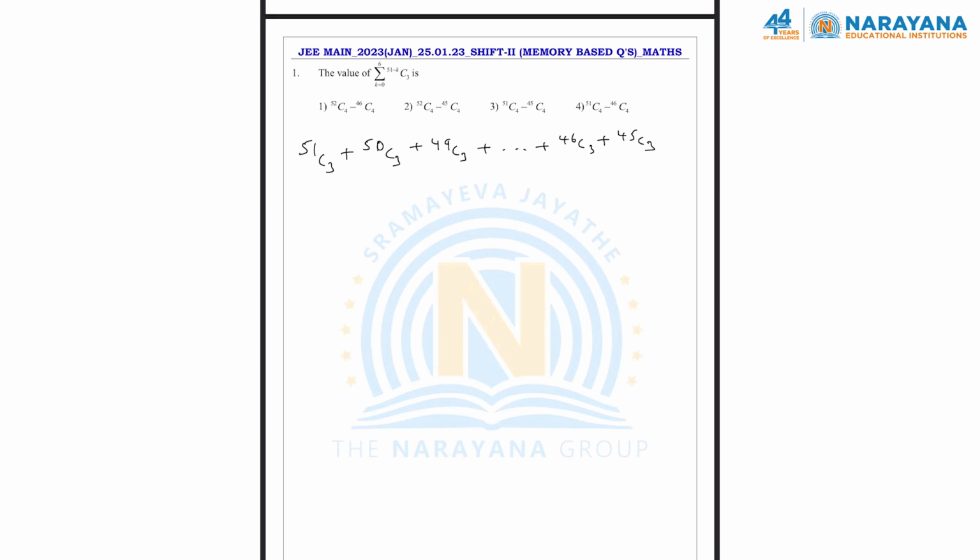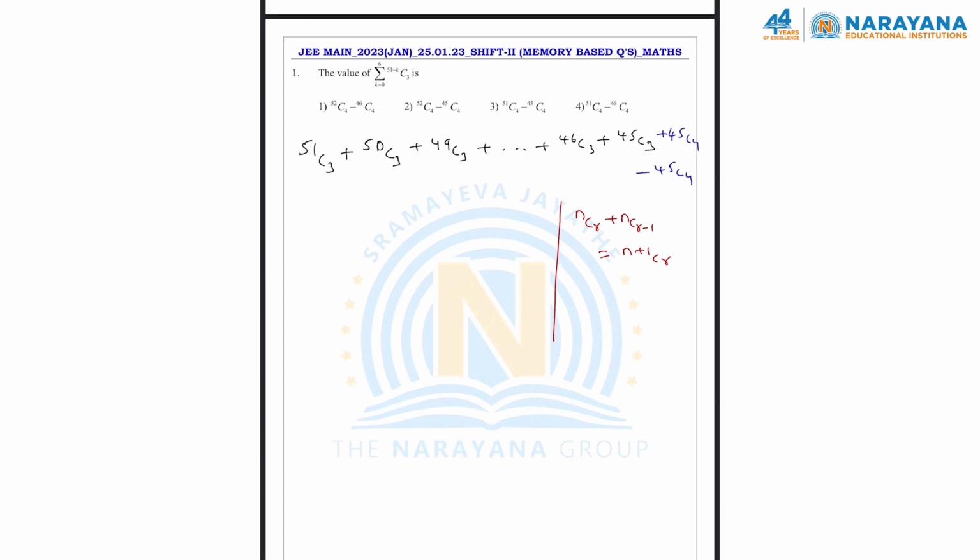Now what we'll do is, let us add 45 C4 and subtract 45 C4. Why are we doing this? If you see a formula in binomial theorem, we have NCR plus NCR minus 1 is equal to N plus 1 CR.